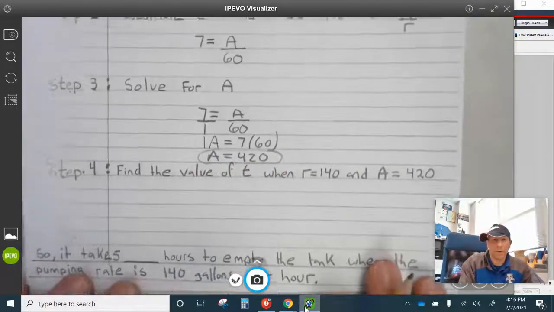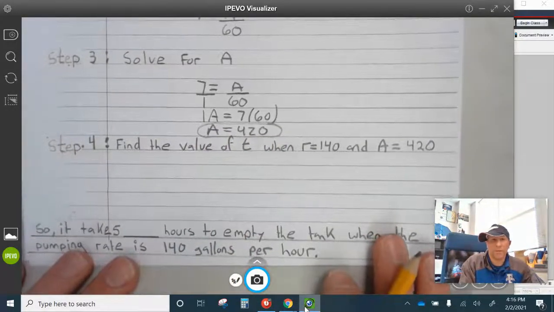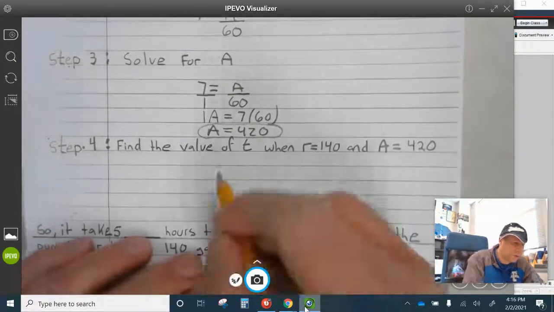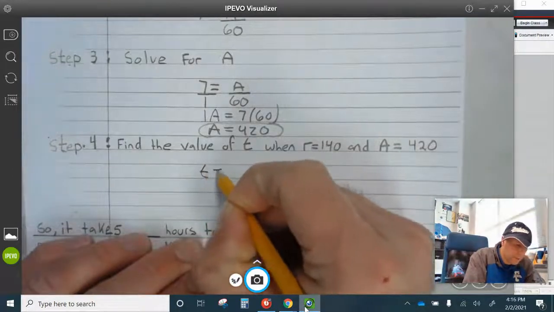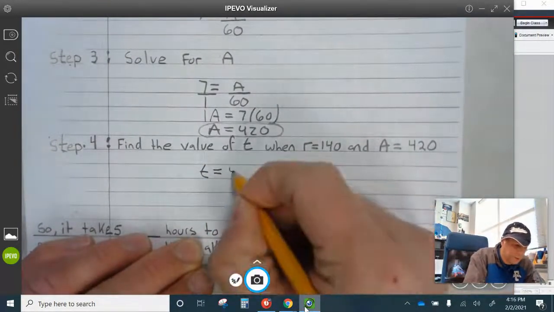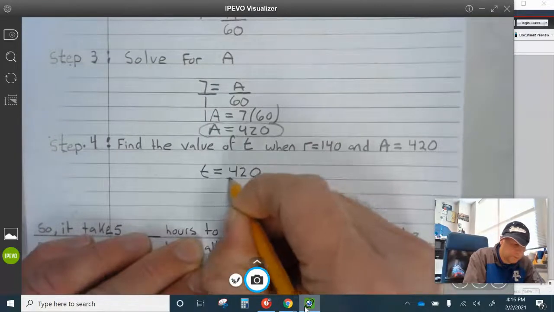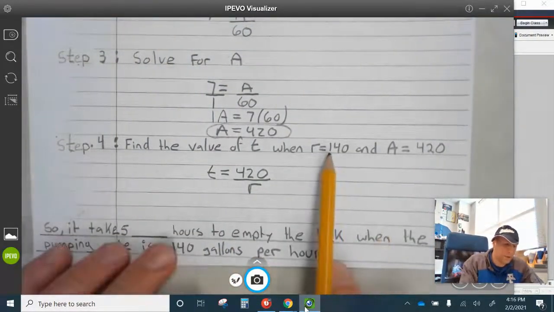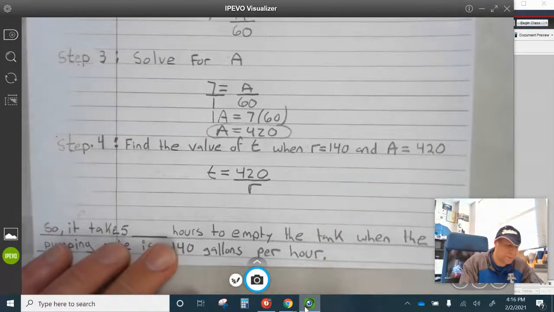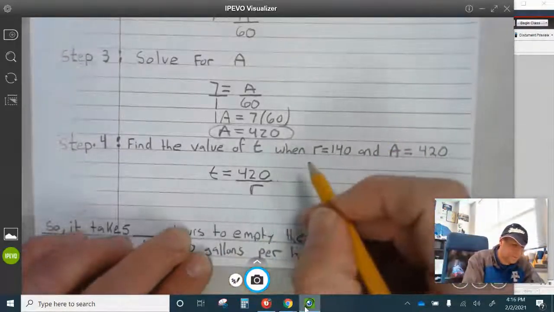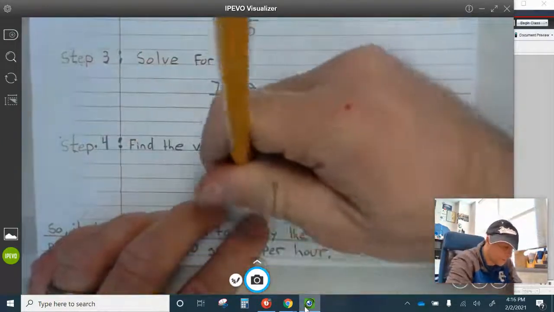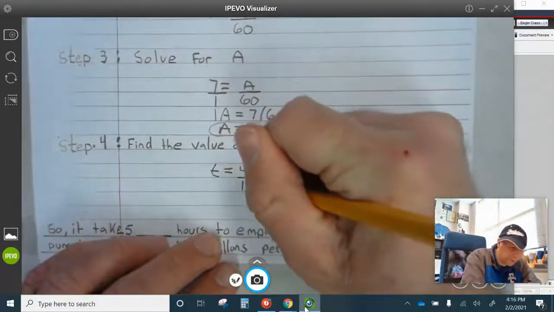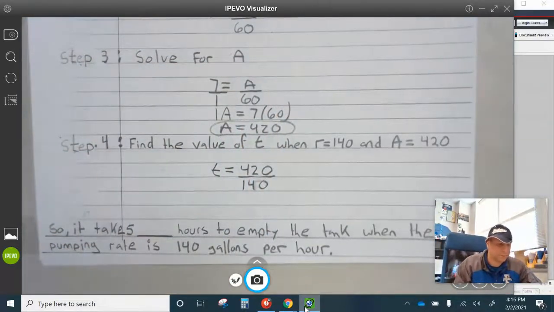Okay. All right, now step 4, find the value of t when r equals 140 and a equals 420. Okay, so our equation is t equals, our a value now is 420 divided by r. So now we know that r is 140. We were given r, so we can just start with putting 140 right there. Okay.